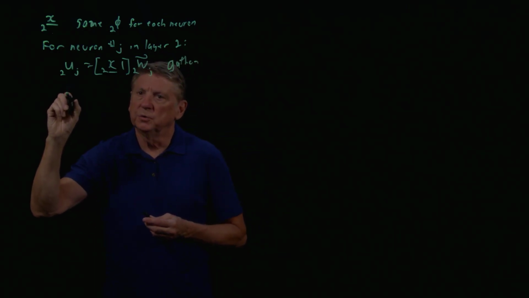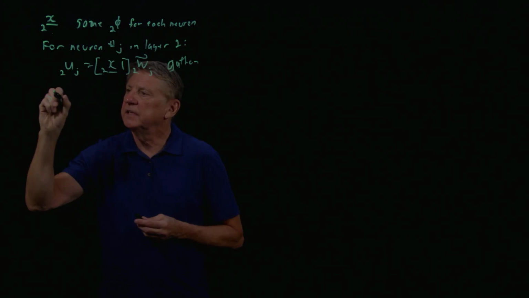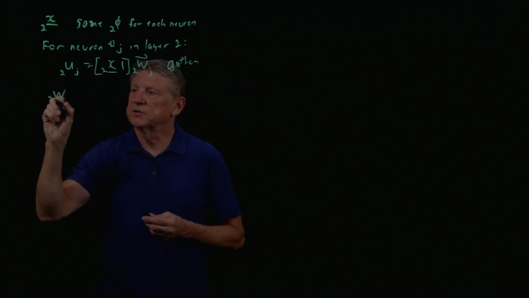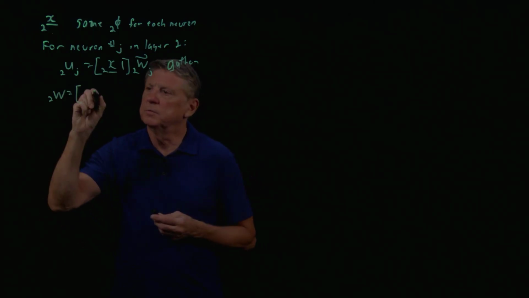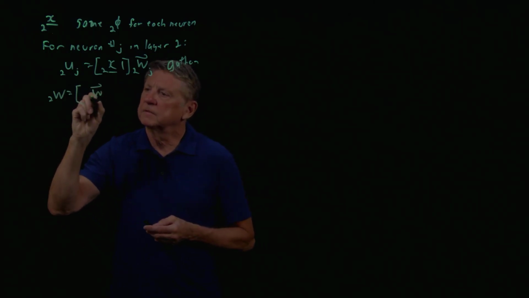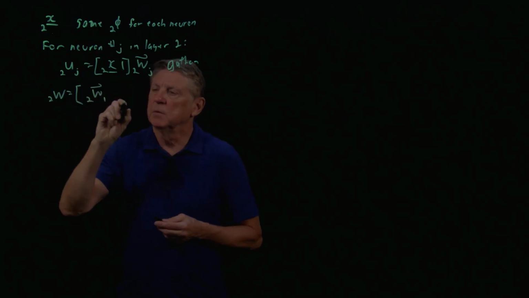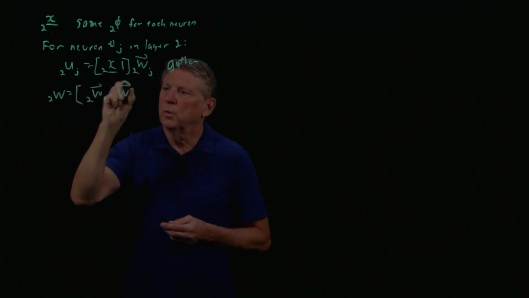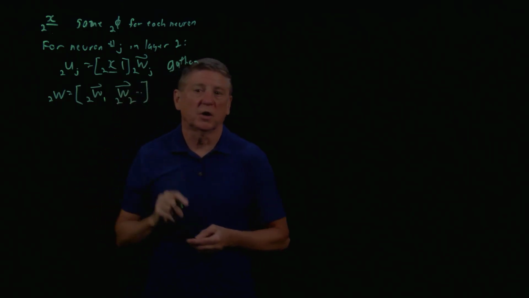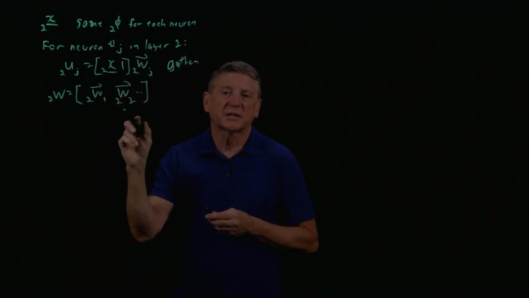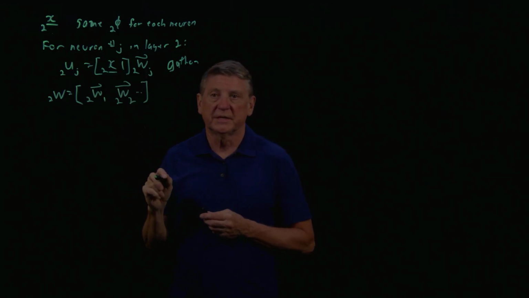So what we'll do is we'll say that the weight matrix for layer 2 is, if it's just 2 of them, weight vector layer 2 number 1, weight vector layer 2 number 2, and I'll put some dots there, but we'll actually only work through 2 neurons here.